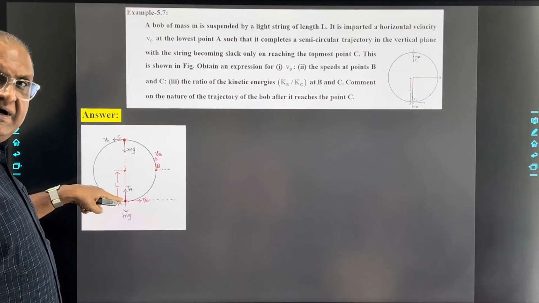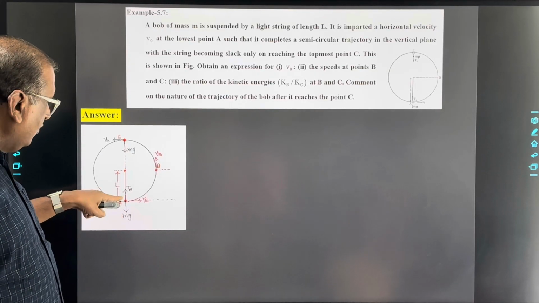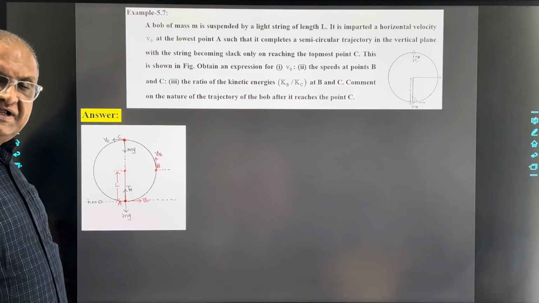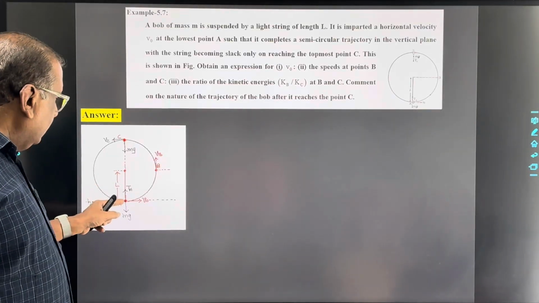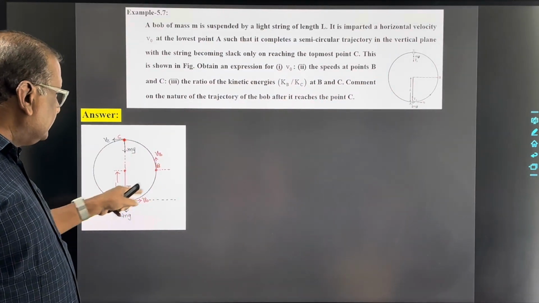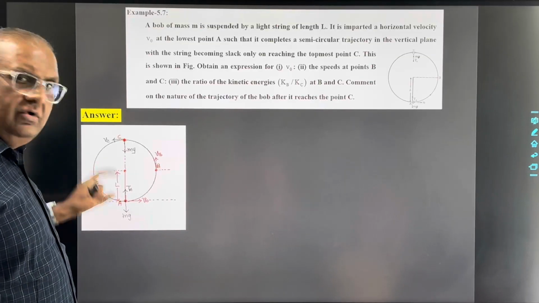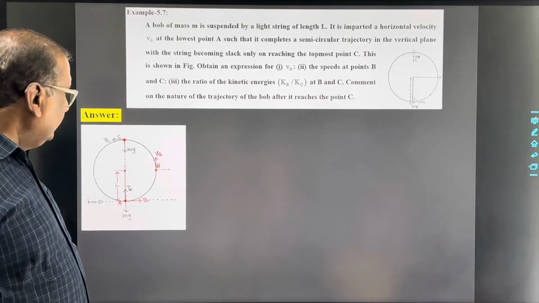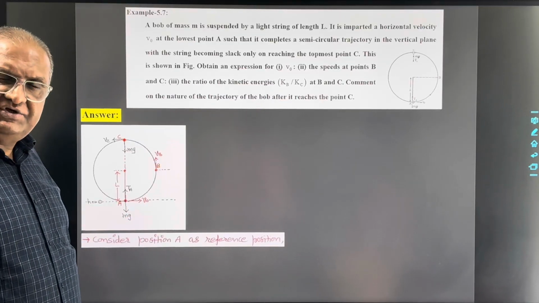At this lowermost position, the weight of the body mg acts downward, and the tension in the string is Ta. When we give horizontal velocity v0 to the object, it starts motion on the circular path having radius equal to L.